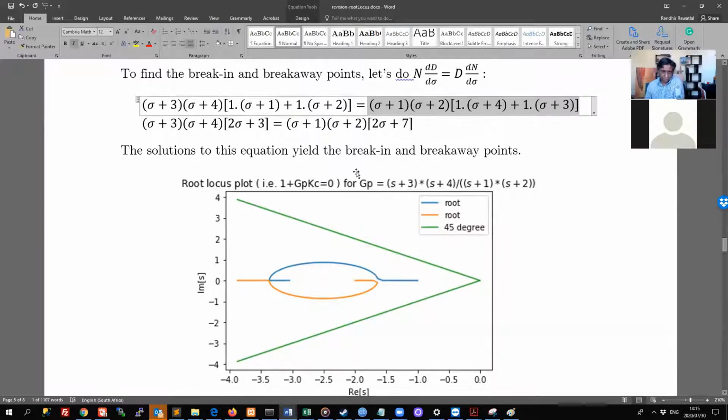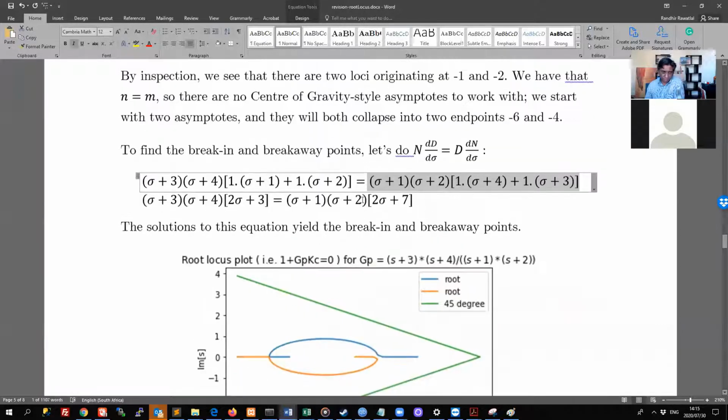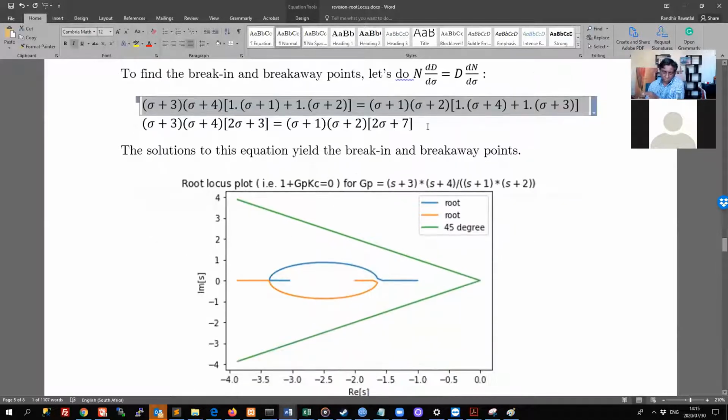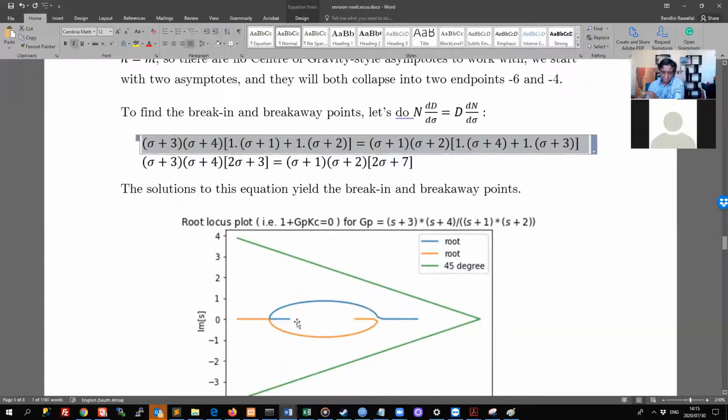Right, so the point is that if you work this out and you find that you have solutions to this, looking at this equation, we can't dismiss it. We can't say, oh, we ended up with 0 equals 0, that means there are no solutions to this equation, that means there are no breakout points.